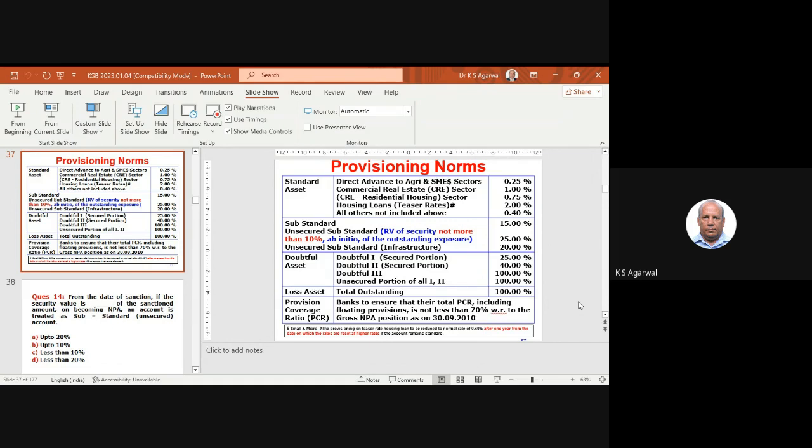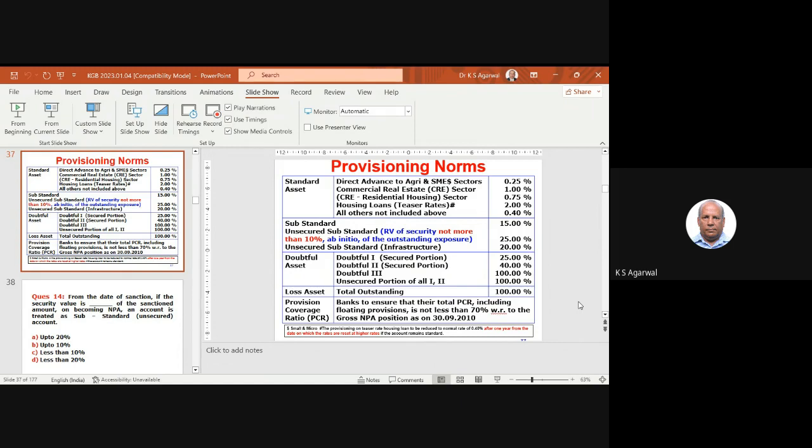Then there are some unsecured substandard advances. Suppose I have given an advance, I have purchased a cheque in a cheque purchase account, or I have given a personal loan where I have not taken any security. So such an account, whenever it becomes NPA, will be known as an unsecured substandard account. So wherever the realizable value of security is not more than 10%, ab initio, meaning from the beginning of the outstanding exposure.